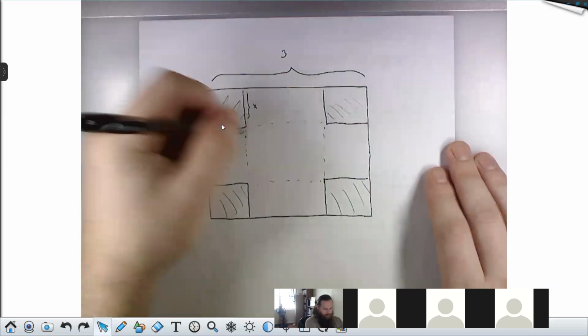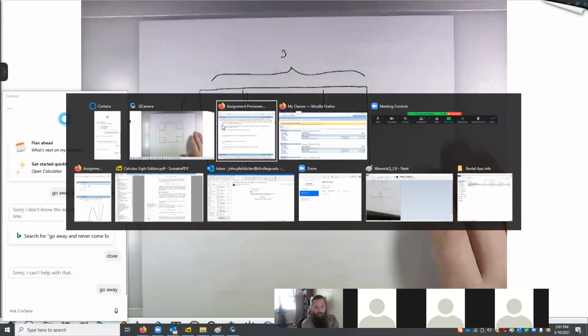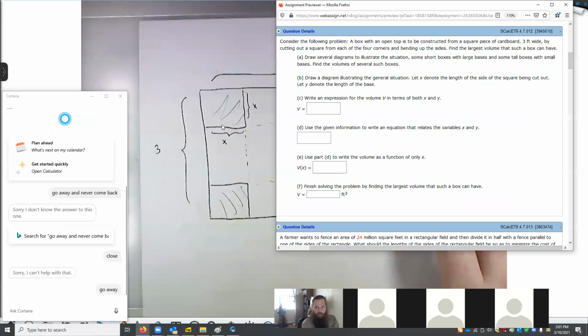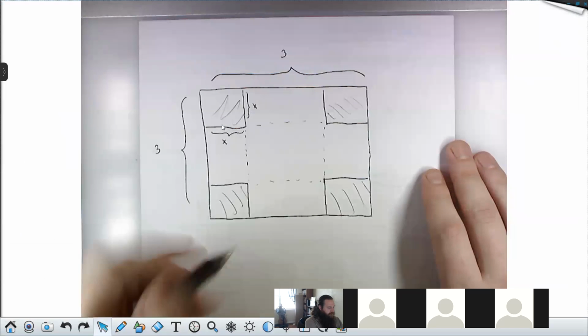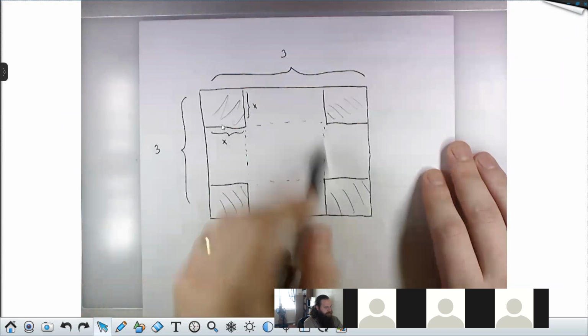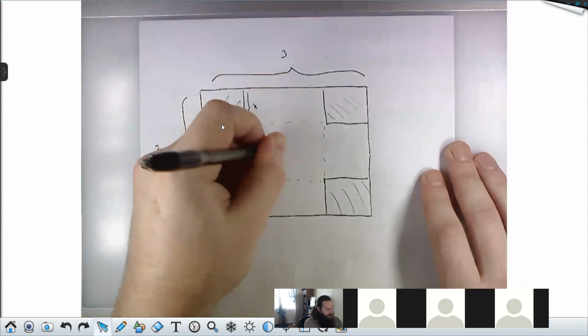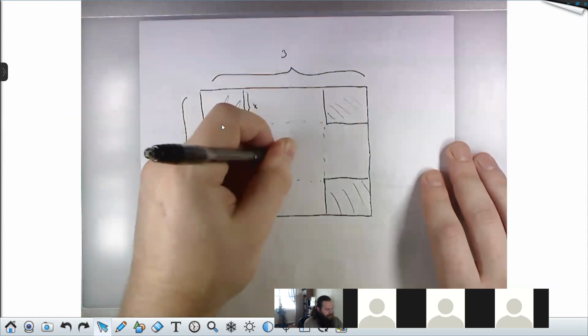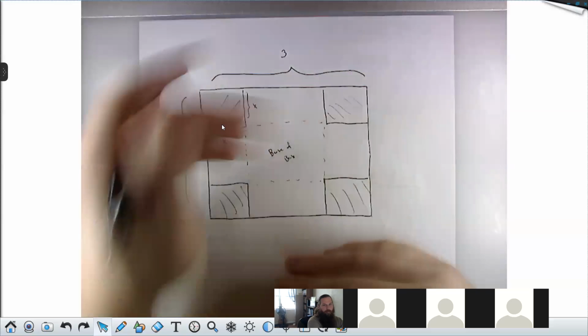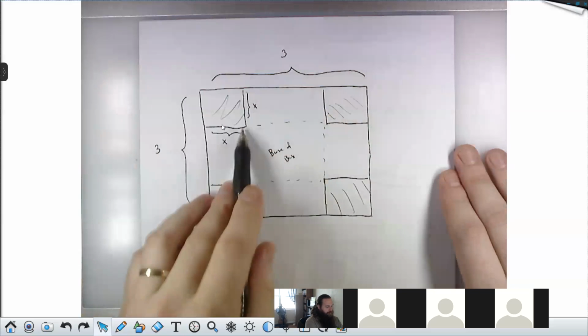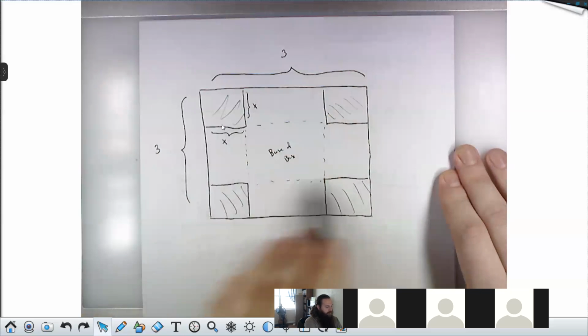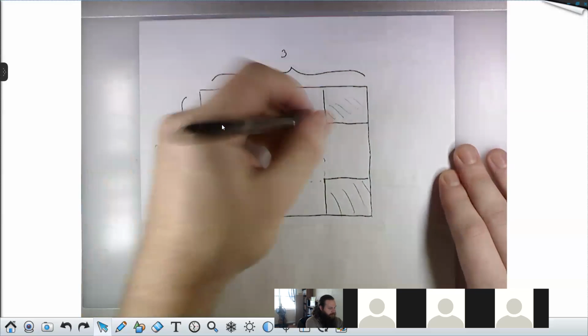And we'll call the side length of the base Y, right? Yeah, okay. So the base of my finished box is this middle piece here. After I fold this up and I fold this up, the bottom of the box is this piece right here. They want me to call this Y.